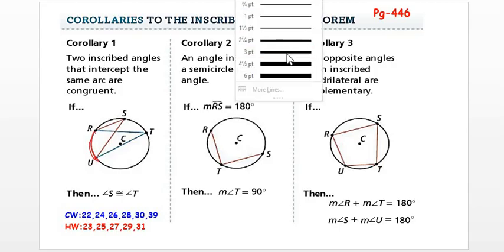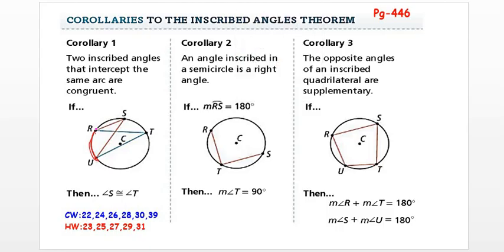Let me show you the two angles with different colors. One of the angles is RSU, and the other angle is RTU. So these are the two angles. They have the same intercepted arc.